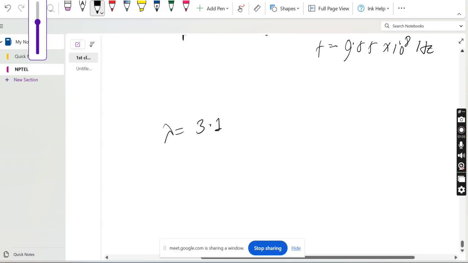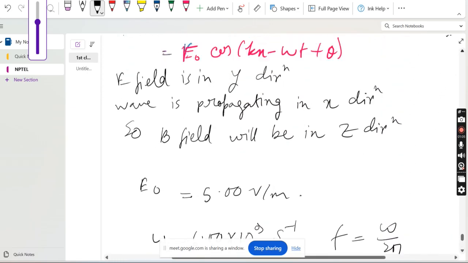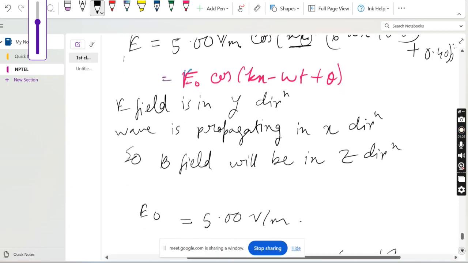Lambda is 3.14 into 10 to the power minus 1 meter. Now the direction of travel of the wave, I have already stated, is the x direction, and E is the associated magnitude of the magnetic field.